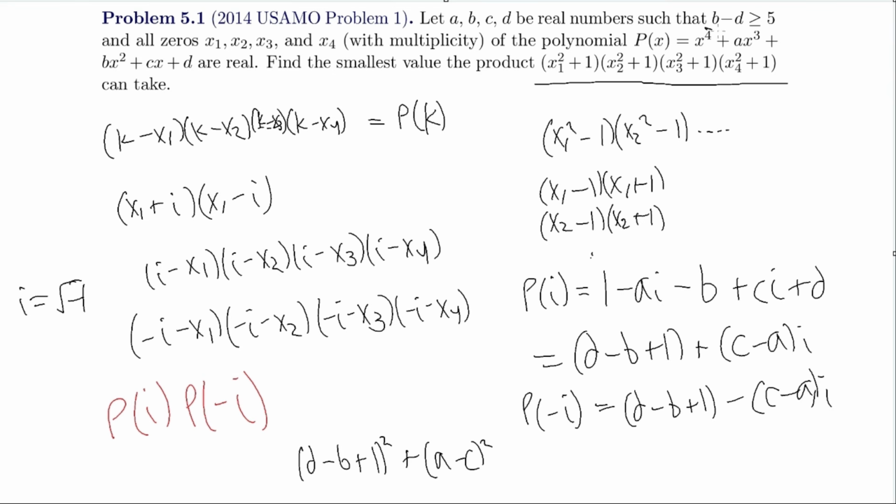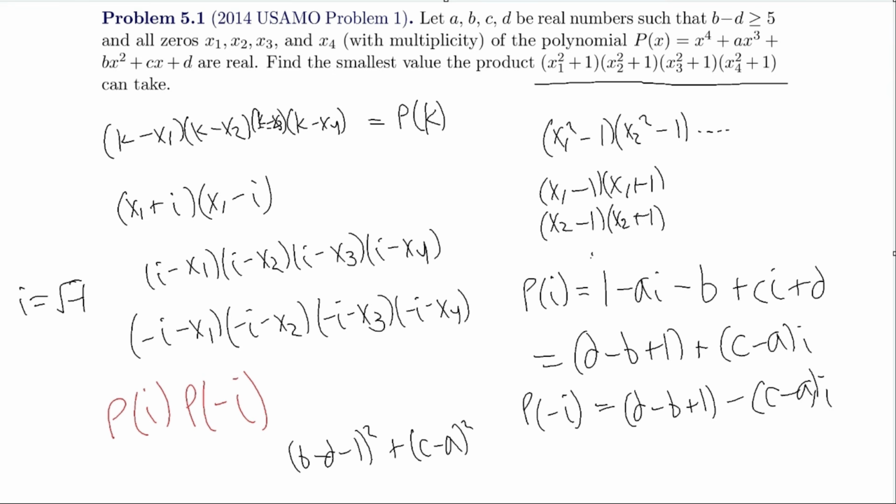Now, this really involves our b minus d over here, so we're definitely on the right track. But we need to somehow make this d minus b instead. And when we do that, we end up getting b minus d minus 1 squared plus c minus a squared.